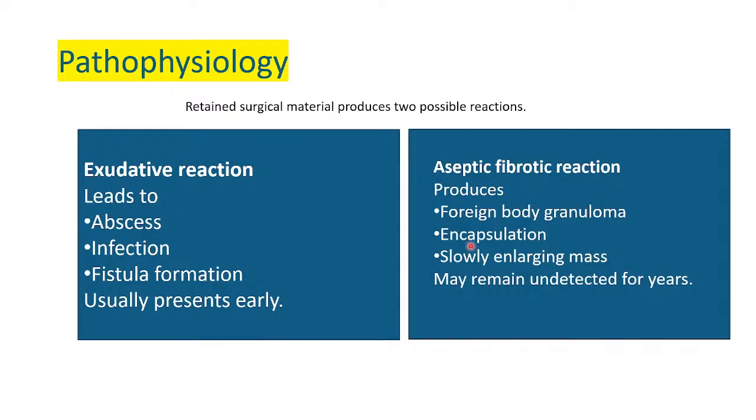Then later on, in chronic stages, you can see a foreign body granuloma, encapsulation, and a slowly enlarging mass. These are the things that you must be on the lookout for. You don't just scan anyhow without understanding the pathophysiology of certain conditions that you are likely to meet when you're doing your ultrasound scan.